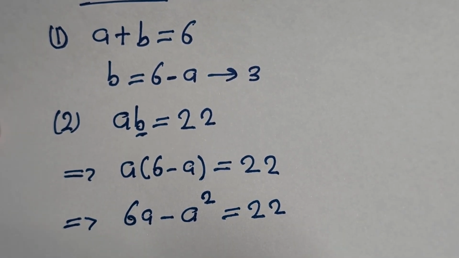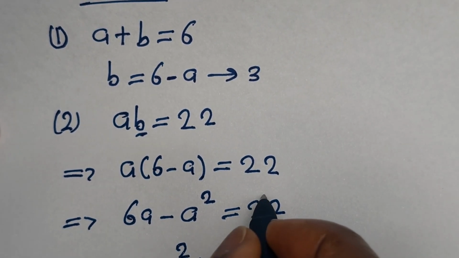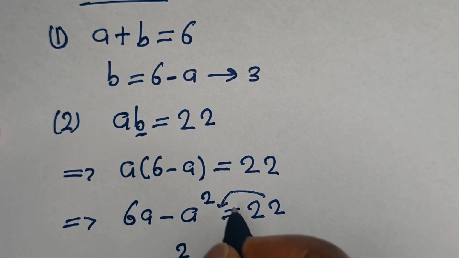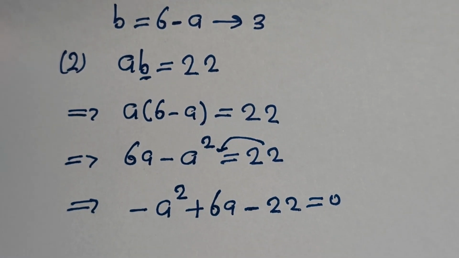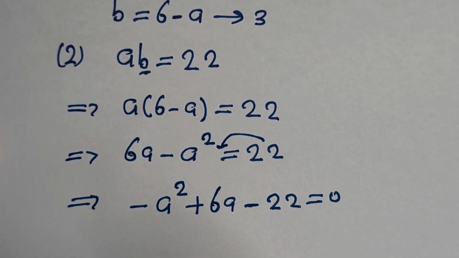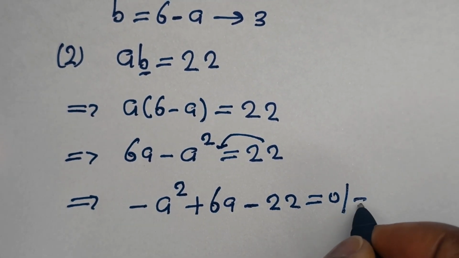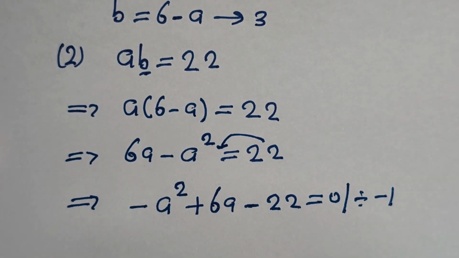Now this is minus a square plus 6a. If you bring 22 to this side, it becomes minus 22 is equal to 0. Let's divide the whole equation by negative 1.